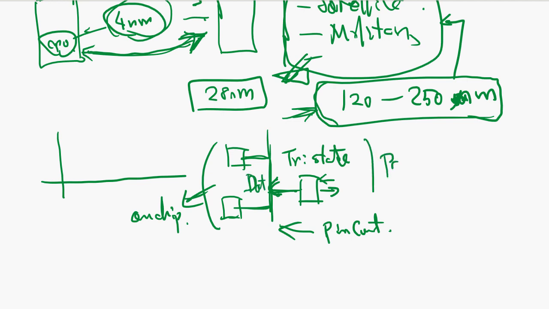This is the PC board. On chip design, you always separate in and out. The tri-state, don't use it because it causes a lot of problems on chip.